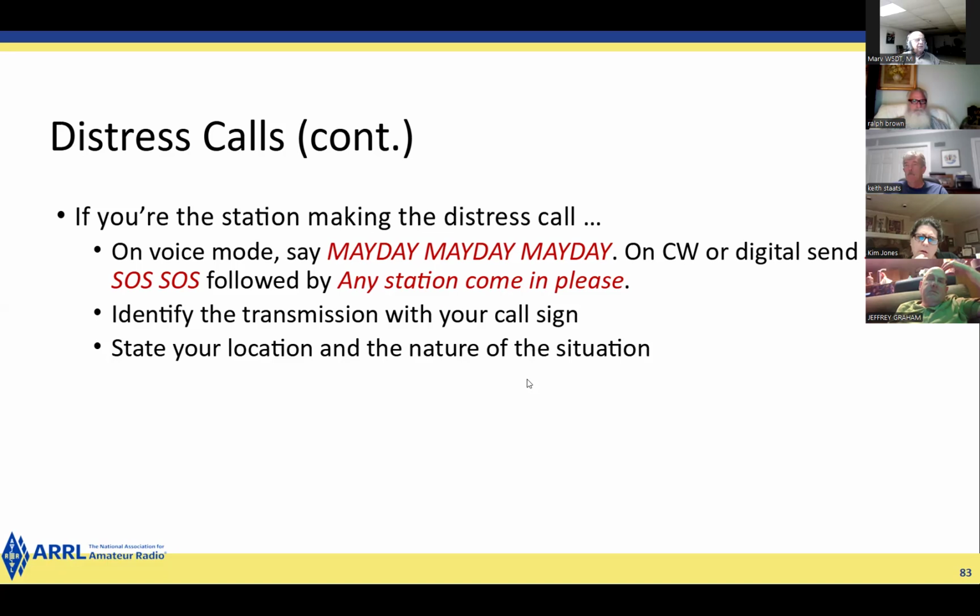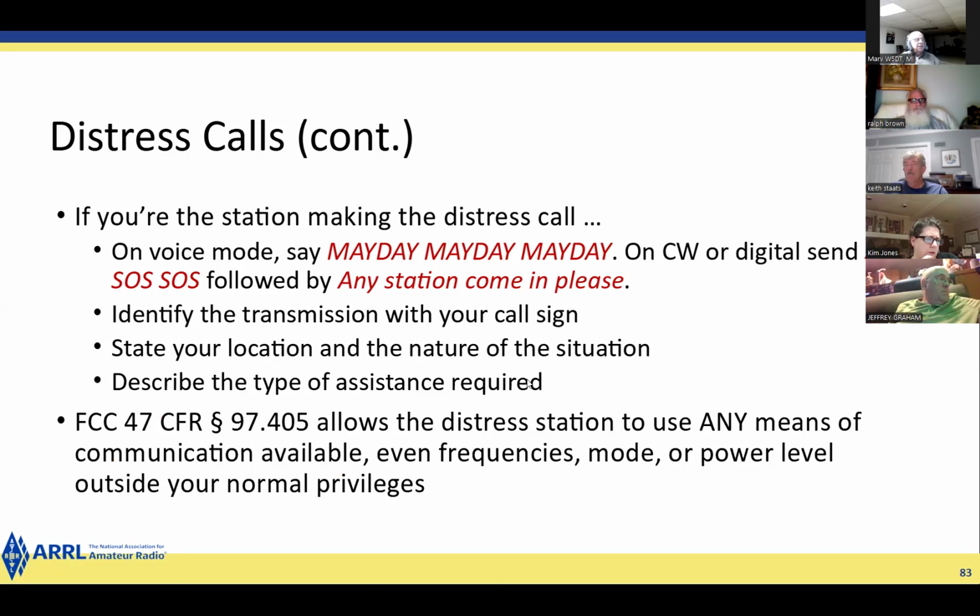You state your location and the nature of your situation. And you describe the type of assistance you require. And you're allowed to use any means of communication, any frequency, any mode, any power level outside of your normal privileges.